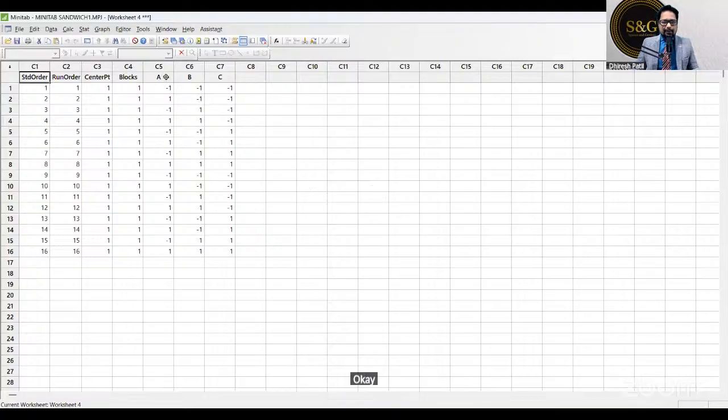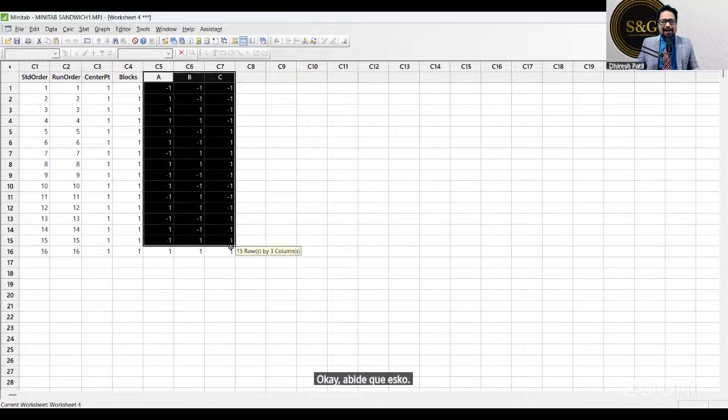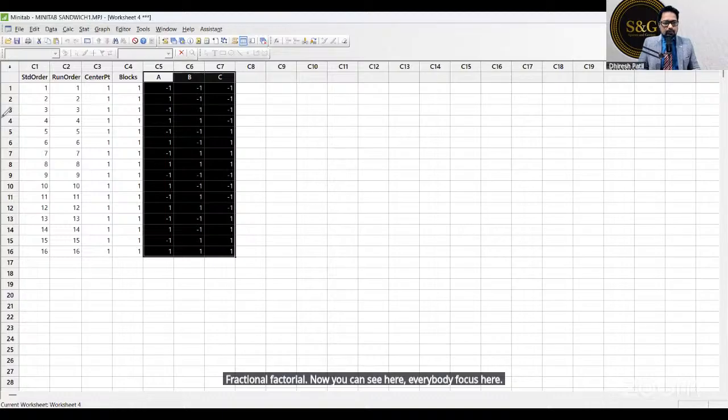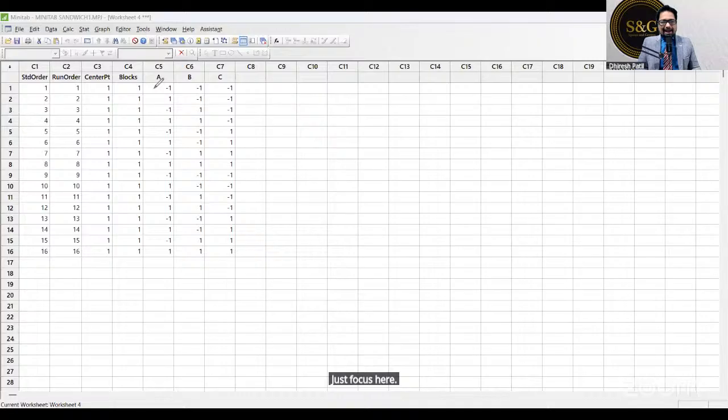ओके, अभी देखिए इसको. Because I had selected fractional factorial, इसलिए वो आ रहा था. Now you can see here. Everybody focus here. First factor minus plus minus plus minus plus minus plus. The second factor minus minus plus plus minus minus plus plus.